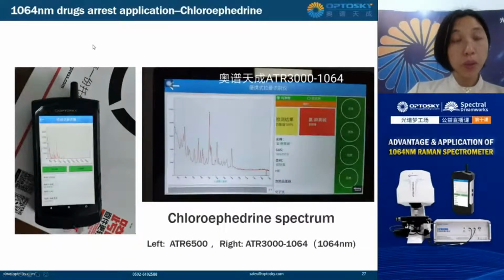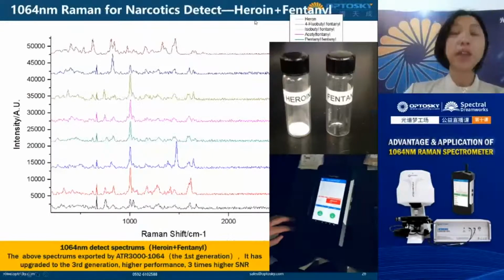Also, we can use the 1064 for drug arrest applications. This is the chlorephedrine spectrum. And we have the 1064 nanometers Raman for instantaneous detection.